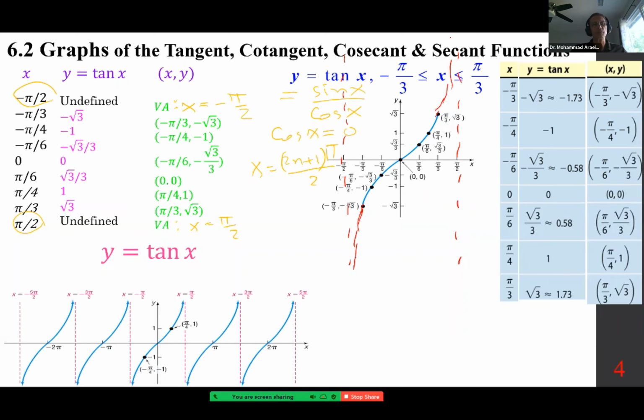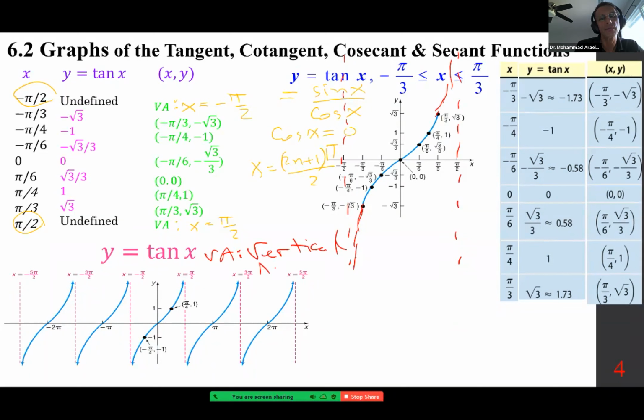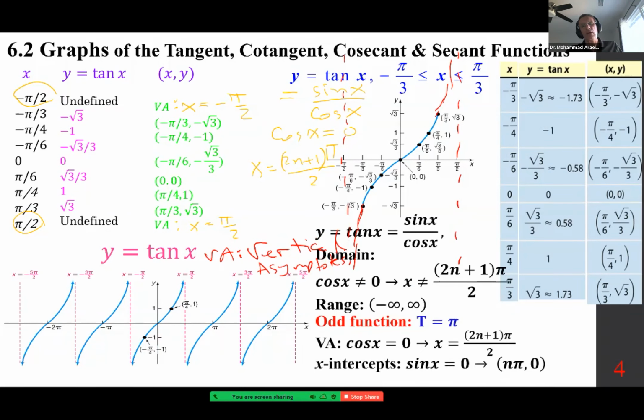But if we wanted to go indefinitely, on both sides, we continue, and as we can see, there are infinitely many VAs, vertical asymptotes. So let's do the cleanup.